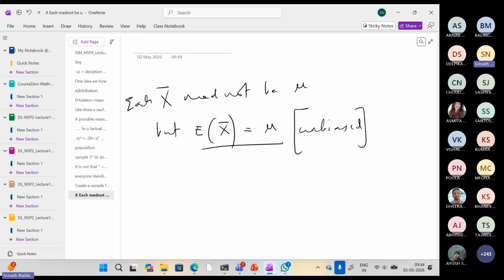By expectation, what I mean is that if I take the average of all of the X bars coming out of the experiment: the first 100 people, n is 100, I got an X bar. Then I put all the 100 people back into the country's population. I redid this experiment and got another 100 people, some of whom may be the same as the guys before. I don't care. I get X bar prime. Then I get X bar double prime, then X bar triple prime, and so on.